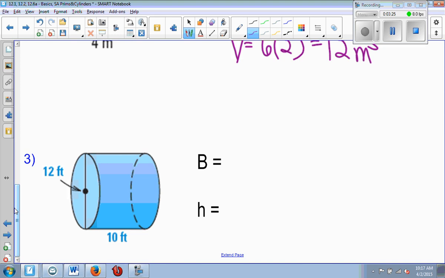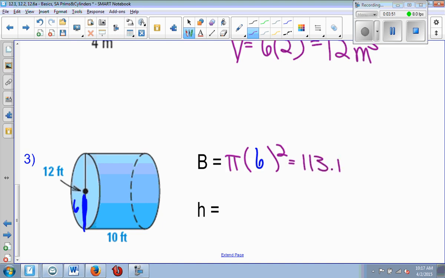The one on the bottom is a cylinder. Again, a two-based figure. So finding the area of the base is pi times radius squared. In this problem, you'll notice that you're given the diameter. Halfway across the base is 6, so that's what goes in for the radius. If I do pi times radius squared, we end up with an area of 113.1.